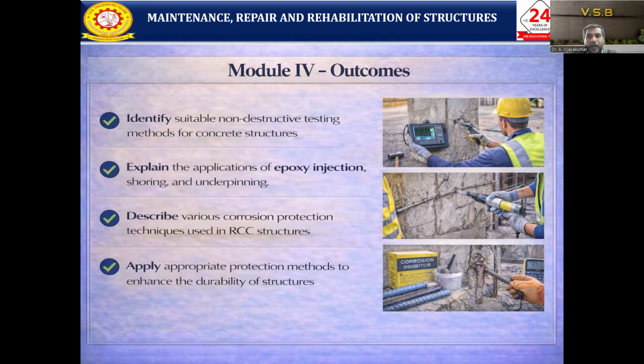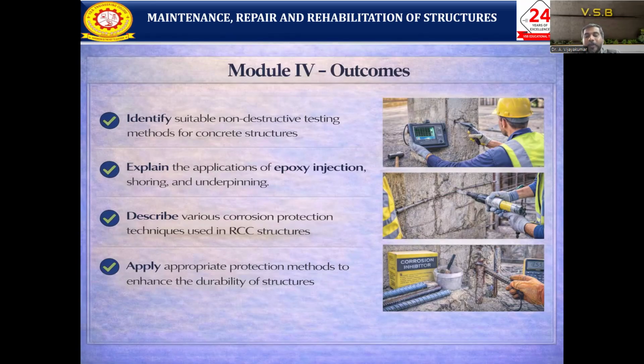I hope all the learners can identify the suitable non-destructive testing techniques and methods for concrete structures. Different structures are available and different NDT techniques are available. The learner can identify which method is suitable for which structure based on this theory content.